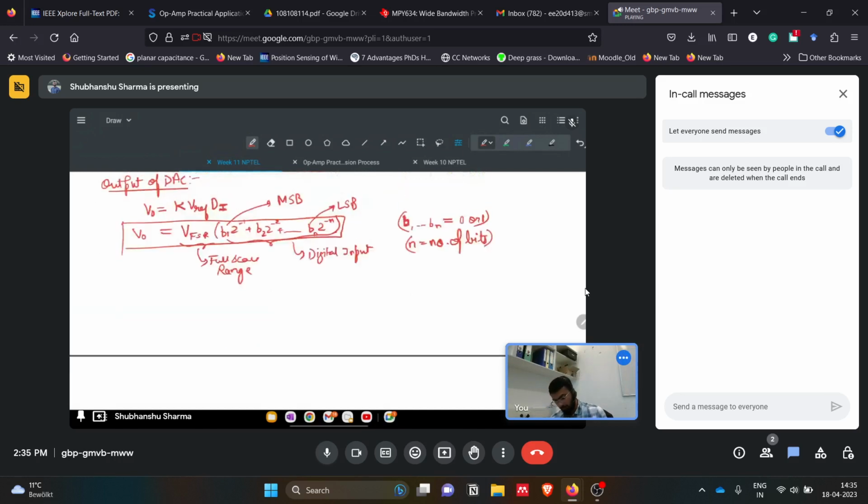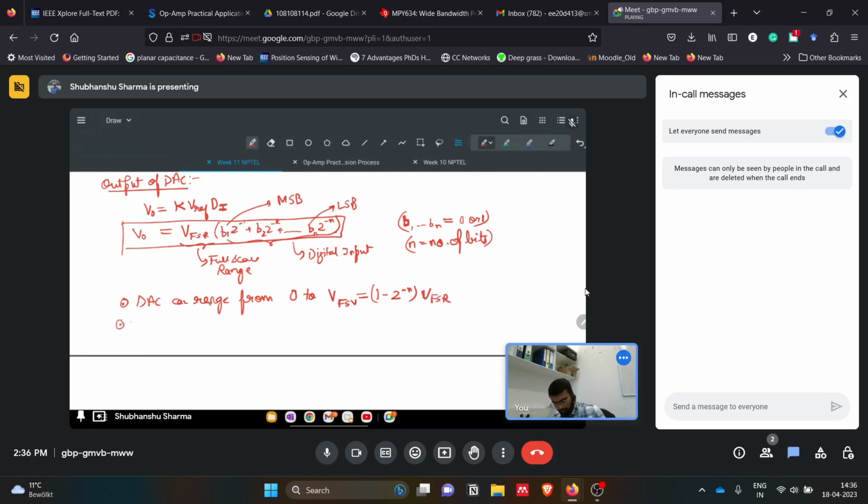Now, talking about some of the things about the DAC, the DAC output can range from 0 to V_FSV, that is the full scale value, and the full scale value is given by (1 minus 2 to the power minus n) times V_FSR, the full scale range.